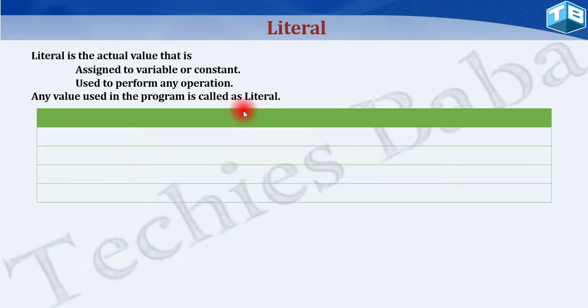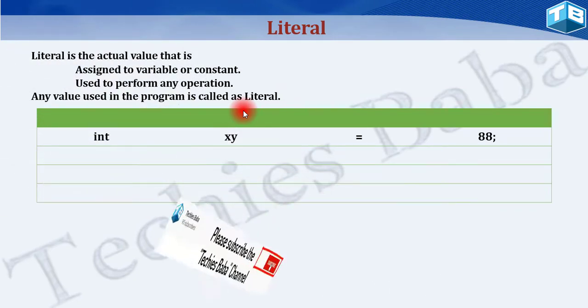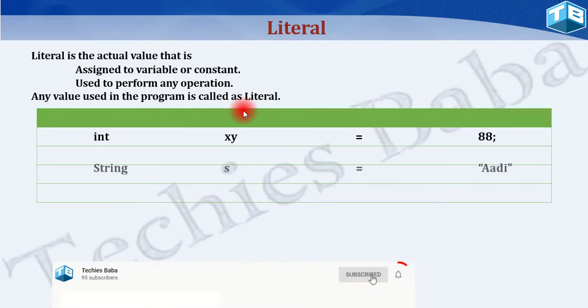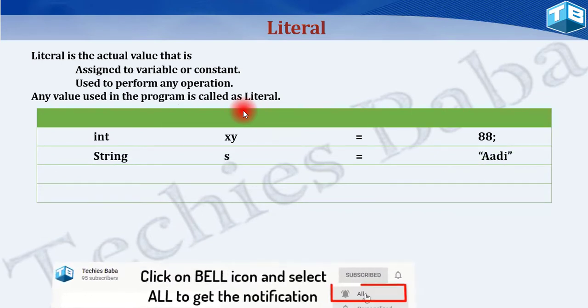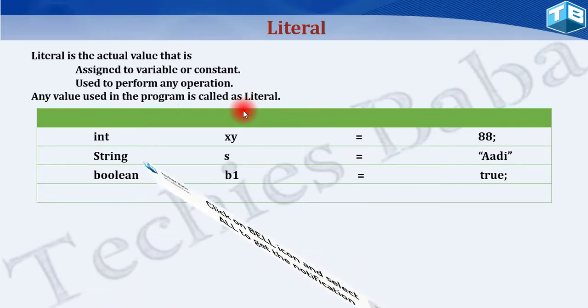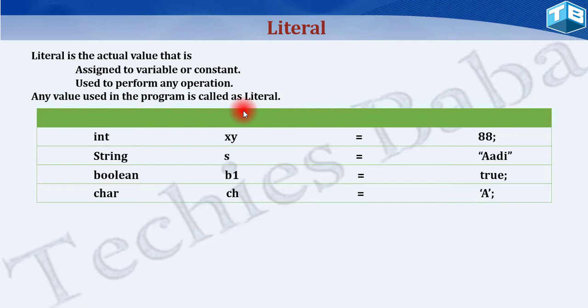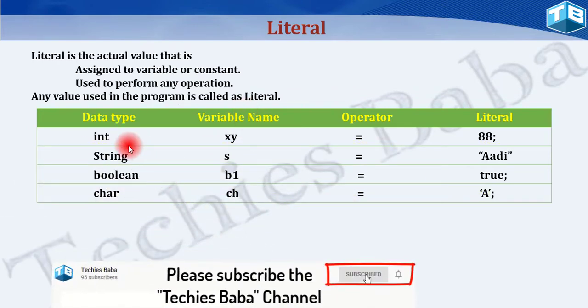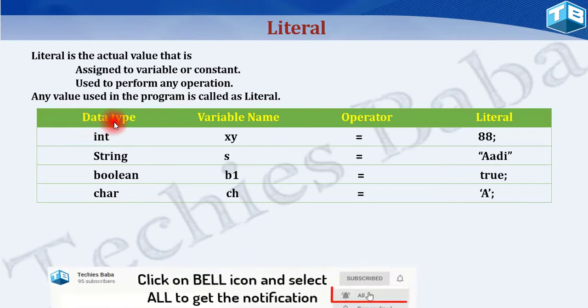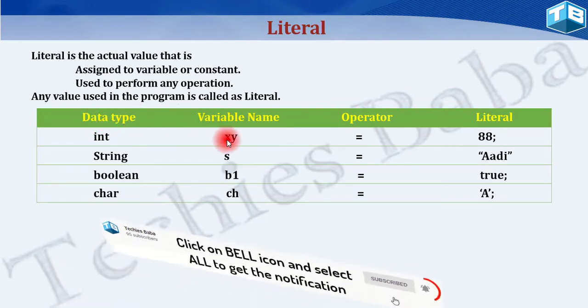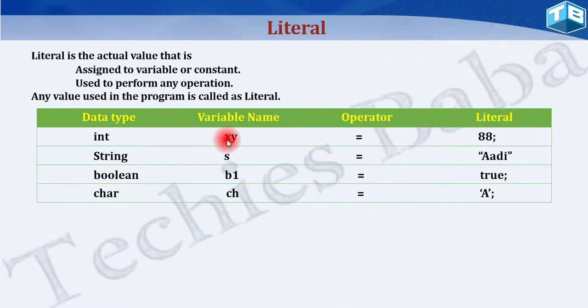Just look at this. We write int xy equal to 88, string s equal to "adi", boolean b1 equal to true, and char ch equal to 'a'. So what are these components? Int is the data type, which we already discussed. Xy is the variable name, we discussed variables. Equals is an operator, called the assignment operator, and we will talk about this.